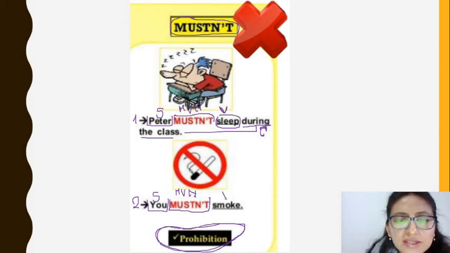Very good, smoke. In this exercise, we don't have complement. En este ejercicio, nosotros no tenemos un complemento. Okay? In this case, we don't have complement because the order is direct. En este caso, no hay complemento porque la orden es directa. Okay? Continue.